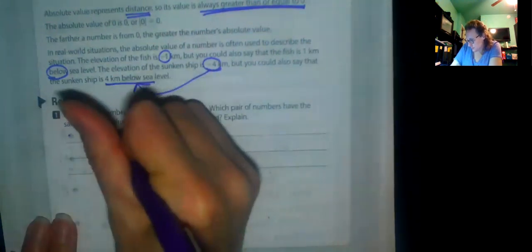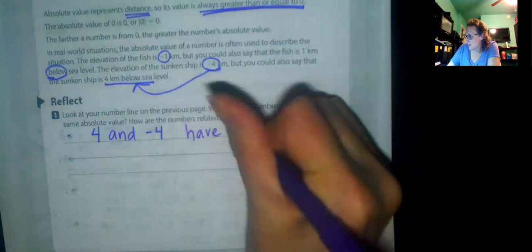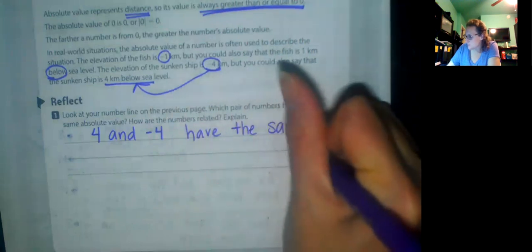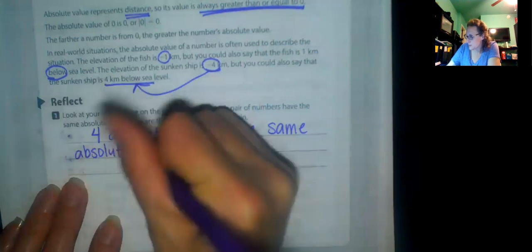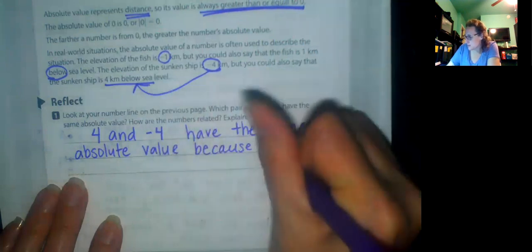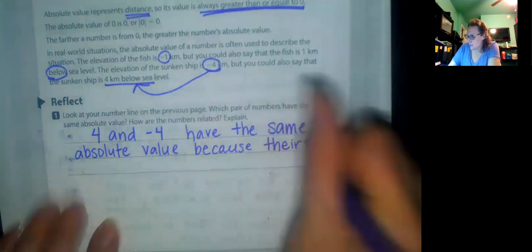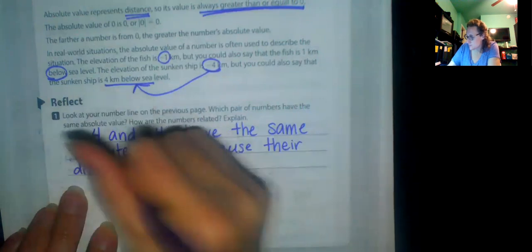So 4 and -4 have the same absolute value because their distance from 0 is the same.